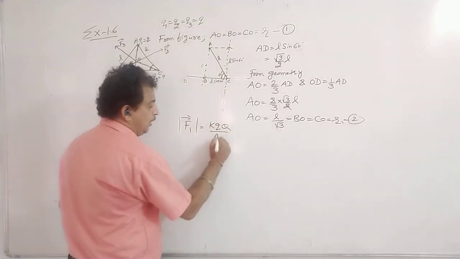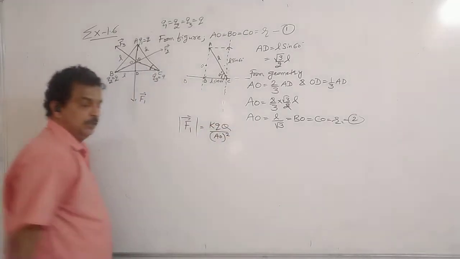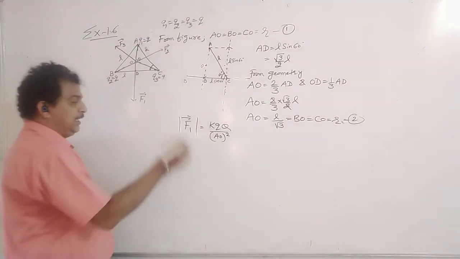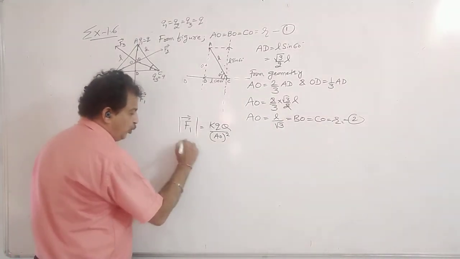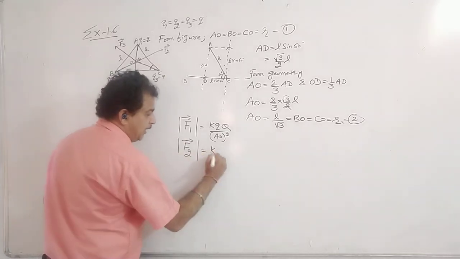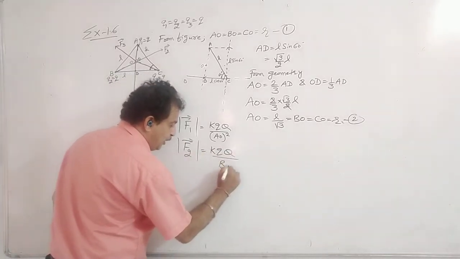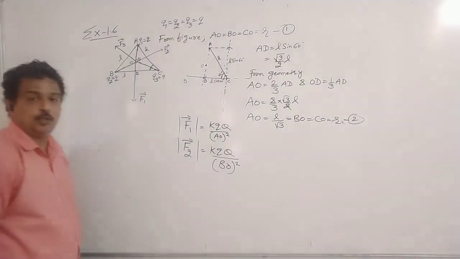So F1 can be written as KQQ upon AO square. Similarly, if I write F2 vector magnitude, it will be KQQ upon BO square. I am simply applying Coulomb's law.